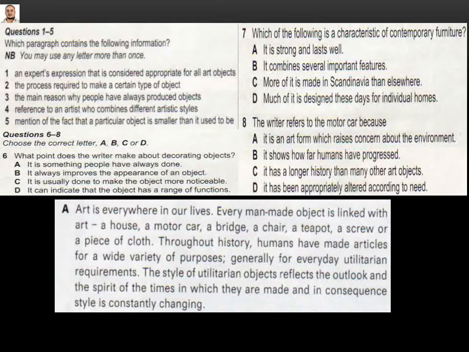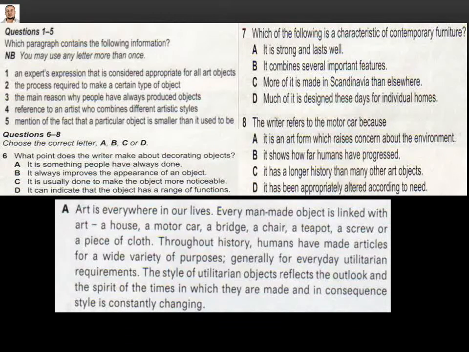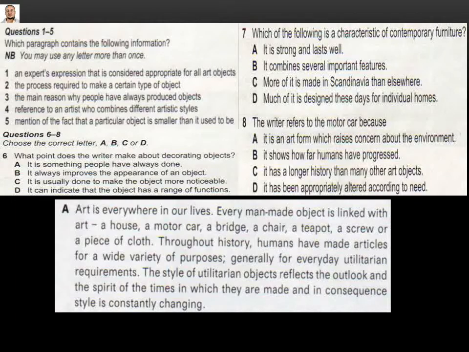How? Art is in every man-made object. Throughout history humans have made articles, which means they have made objects for a wide variety of purposes. This is the main reason, for a wide variety of purposes.